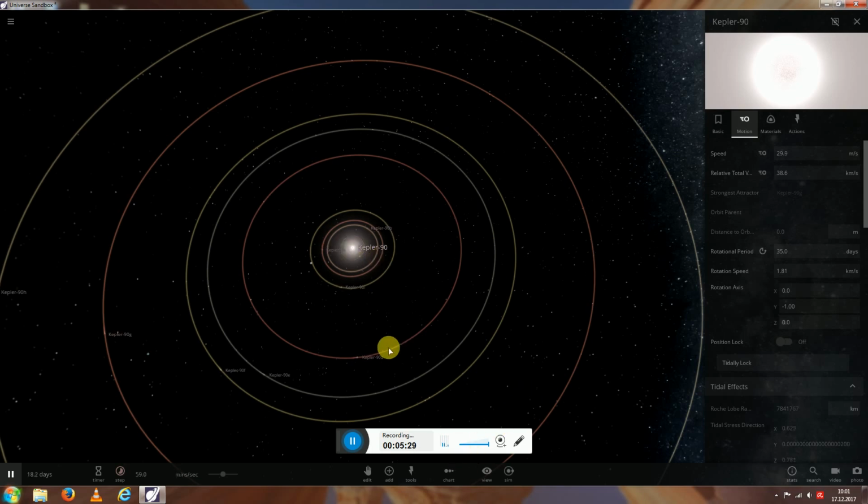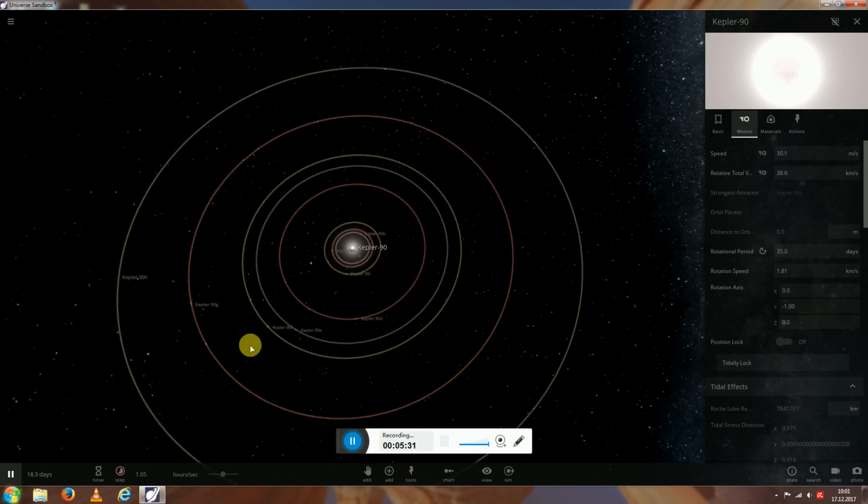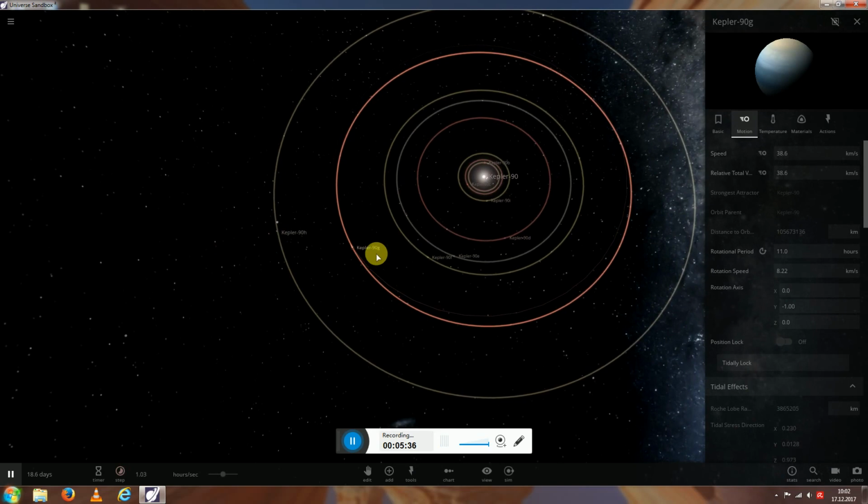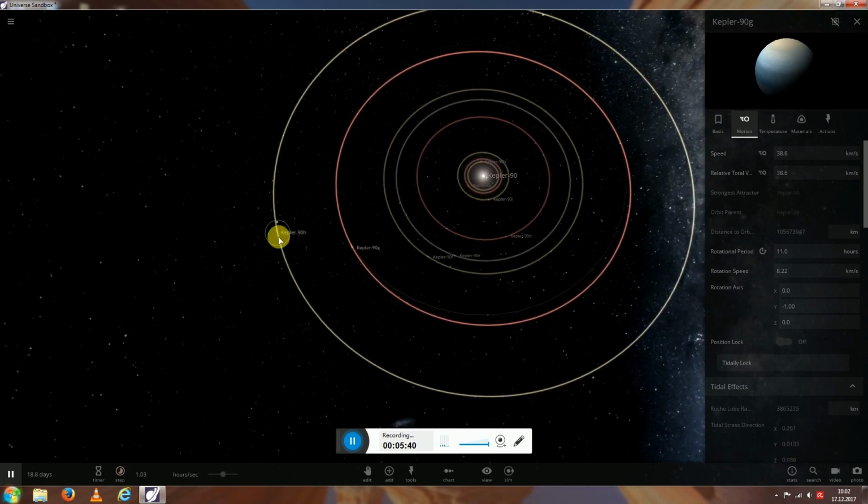Now, the only two planets that we definitely have a mass of are Kepler 90G and Kepler 90H.